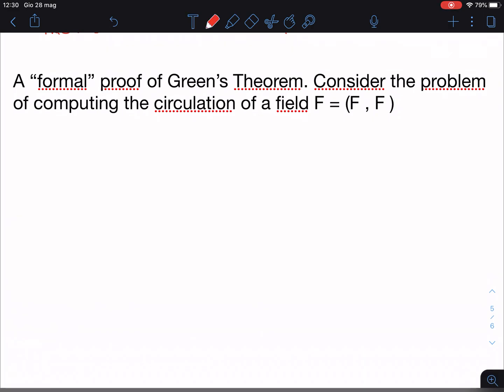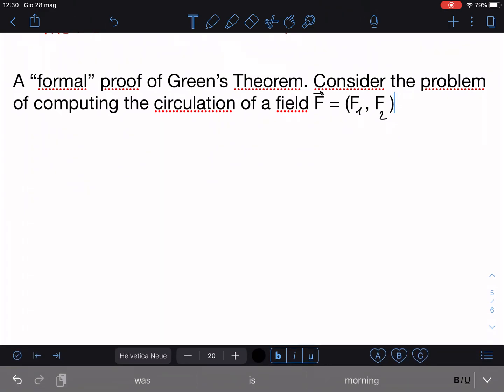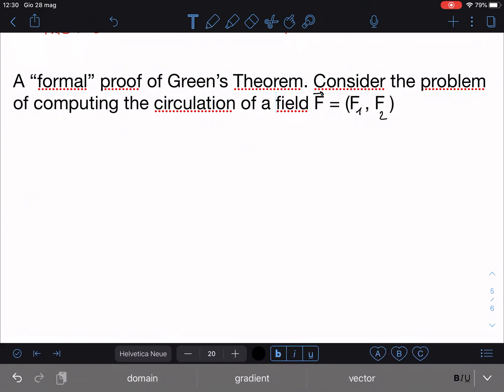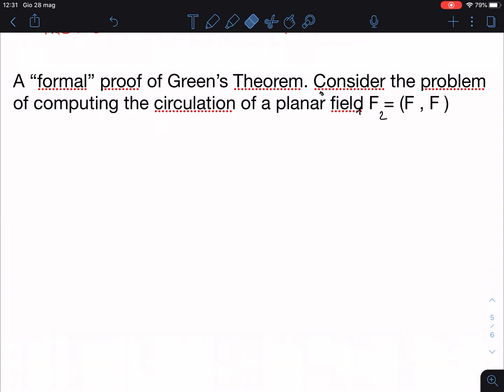And I stress again that when using Green's theorem, the field must be planar. So we are in 2 dimensions. F1, F2.